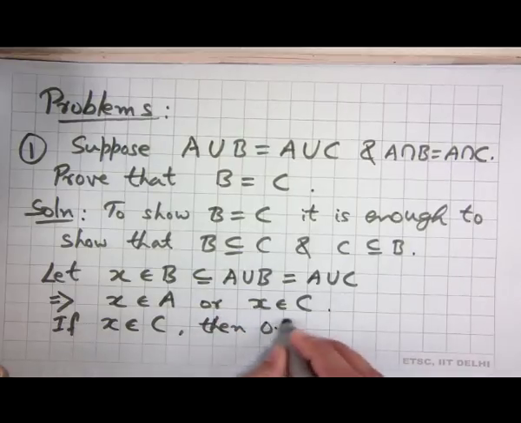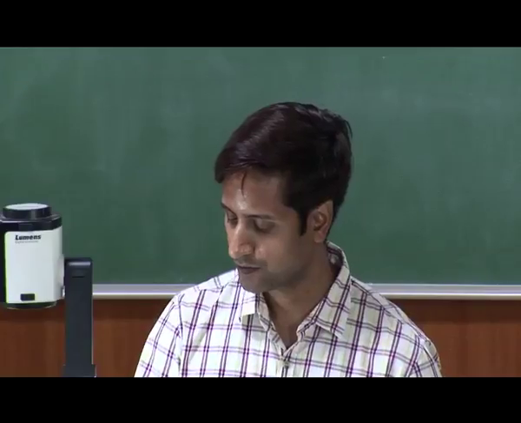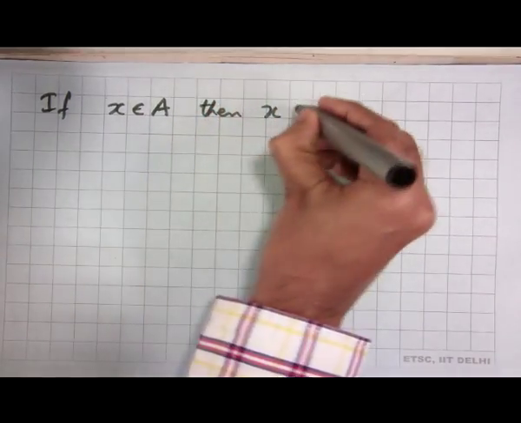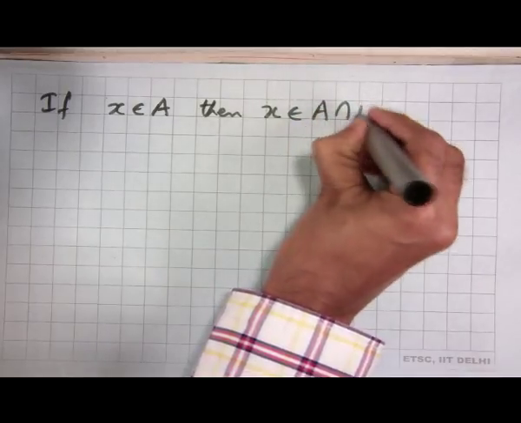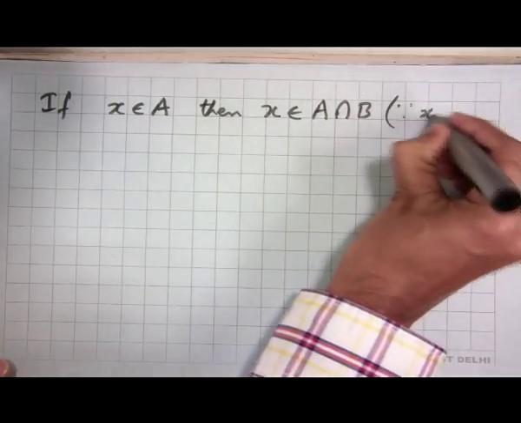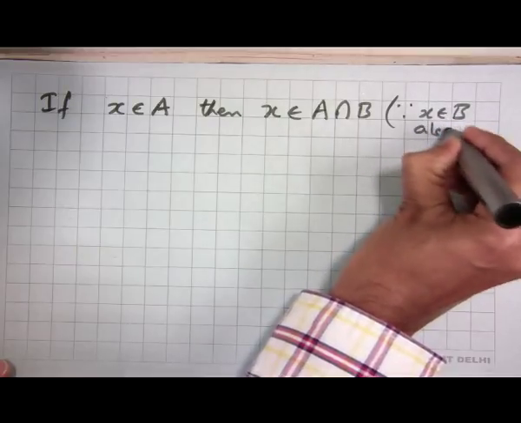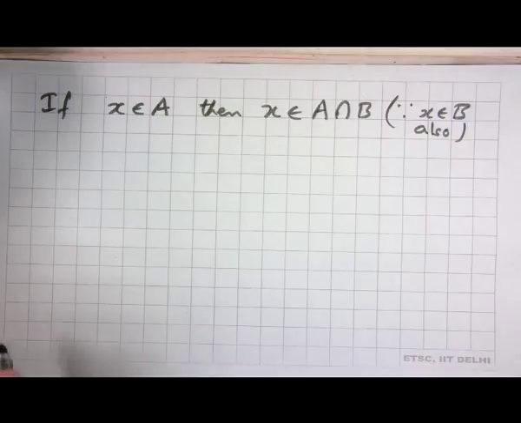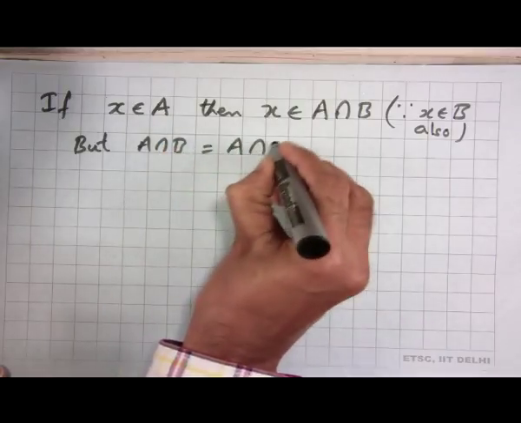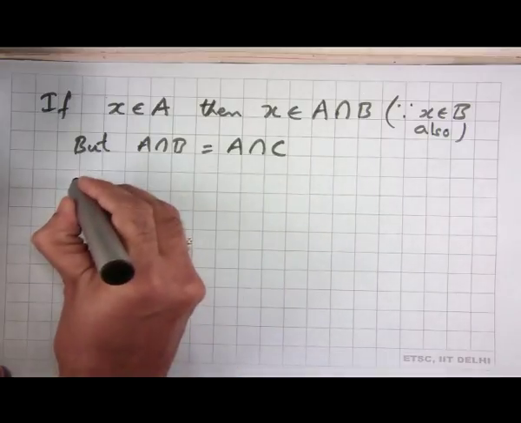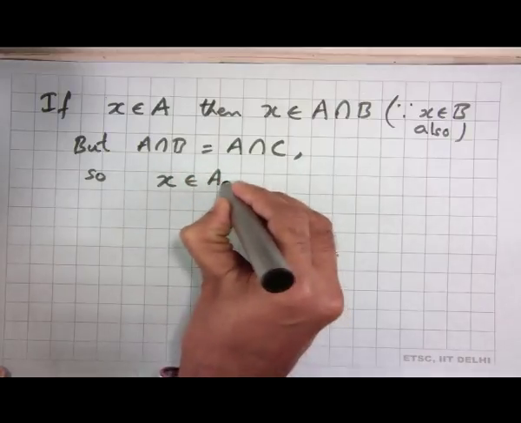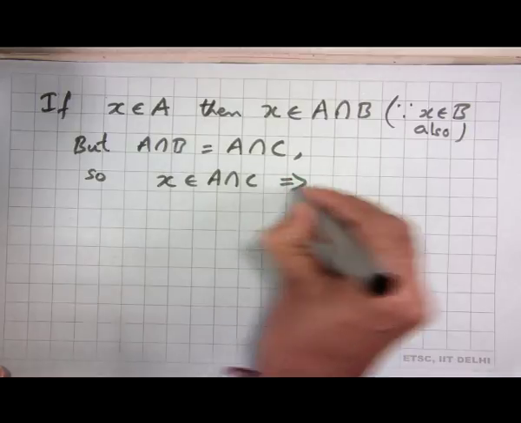Otherwise, if X is in A, then x belongs to A intersected with B, because x was already taken to be in B. But A intersected with B is equal to A intersected with C. So, x belongs to A intersected with C. This implies that x is in C.